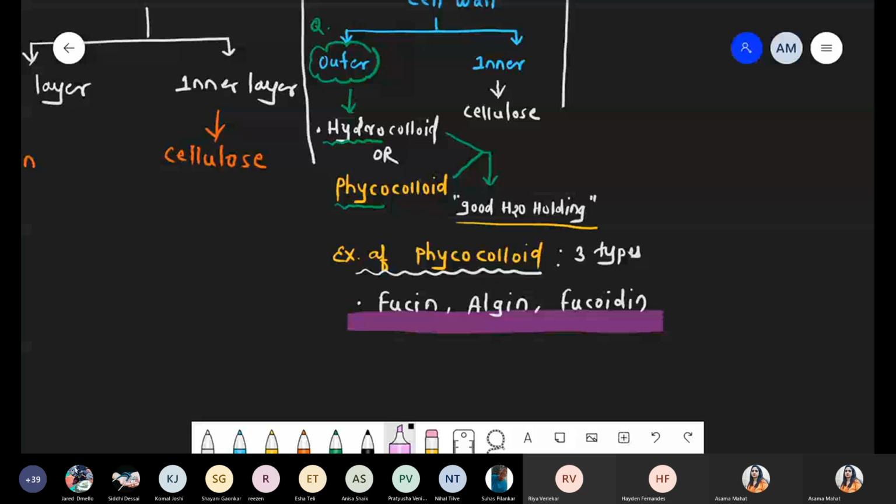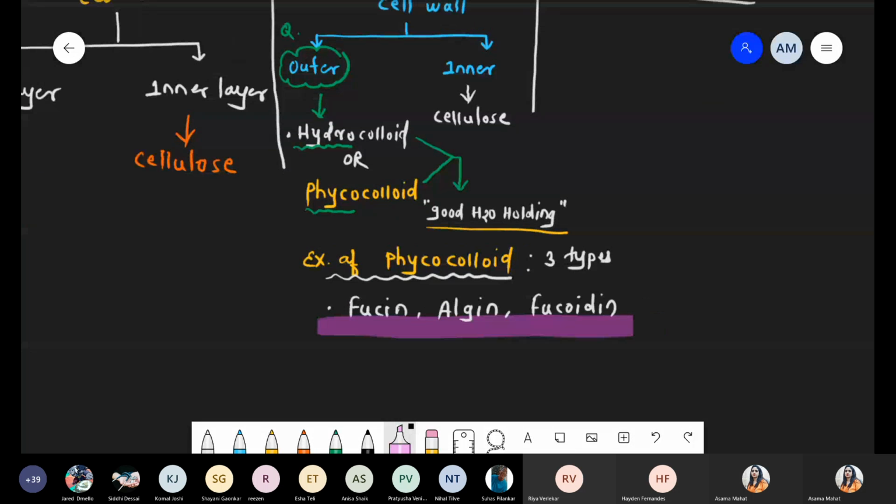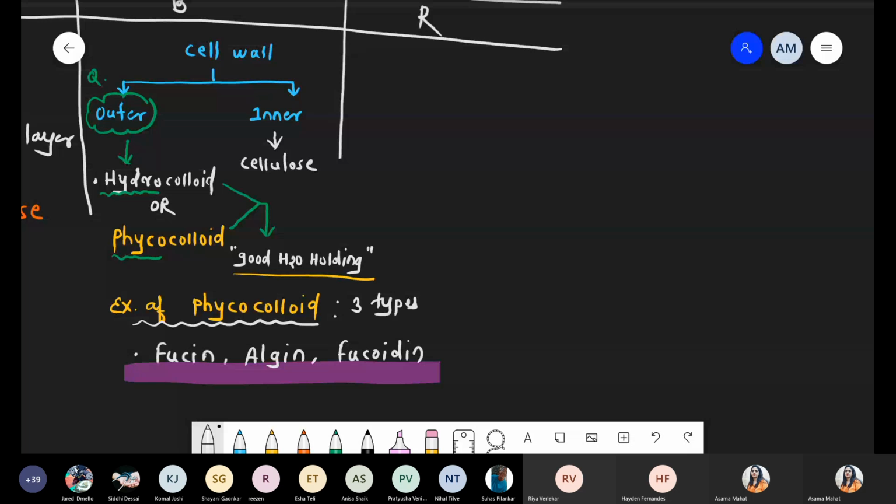Okay, Isha. Now the last point: the cell wall in red algae. In red algae, the cell wall is again made up of two layers.